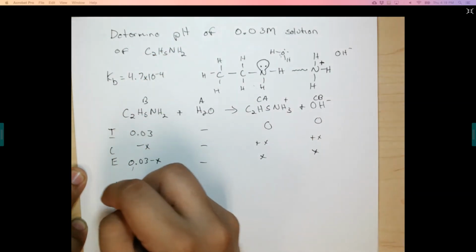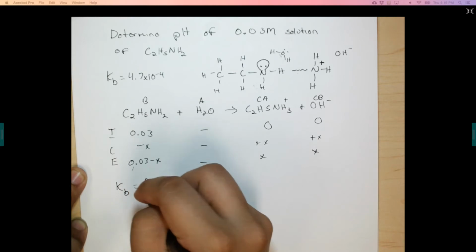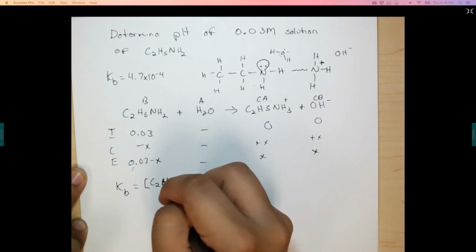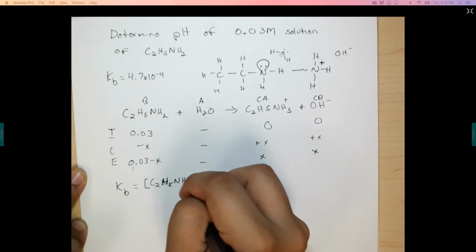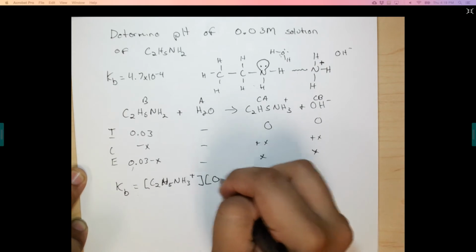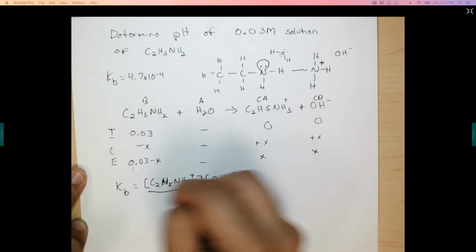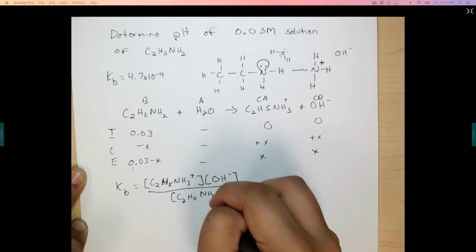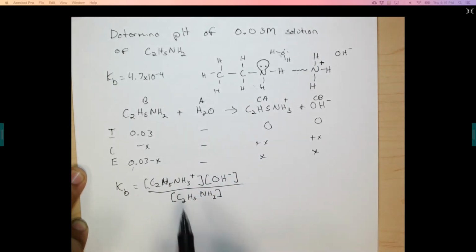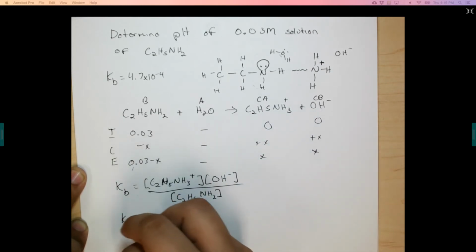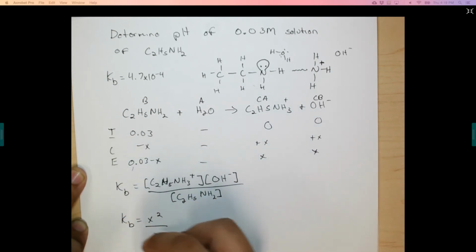Therefore, if we remember that our Kb expression is equal to the concentration of the two products, C2H5NH3 plus and hydroxide, all over the original base, C2H5NH2, we can plug these values in. Effectively, Kb is equal to x squared over 0.03 minus x.